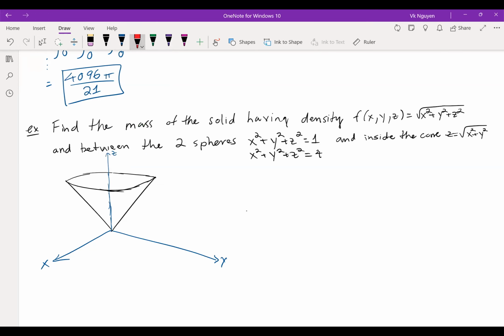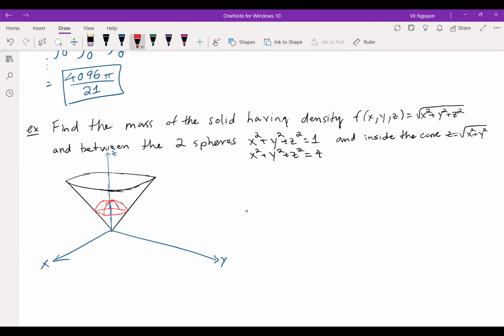One of the spheres is going to be at the bottom of the cone, and then another sphere is going to be on the top.